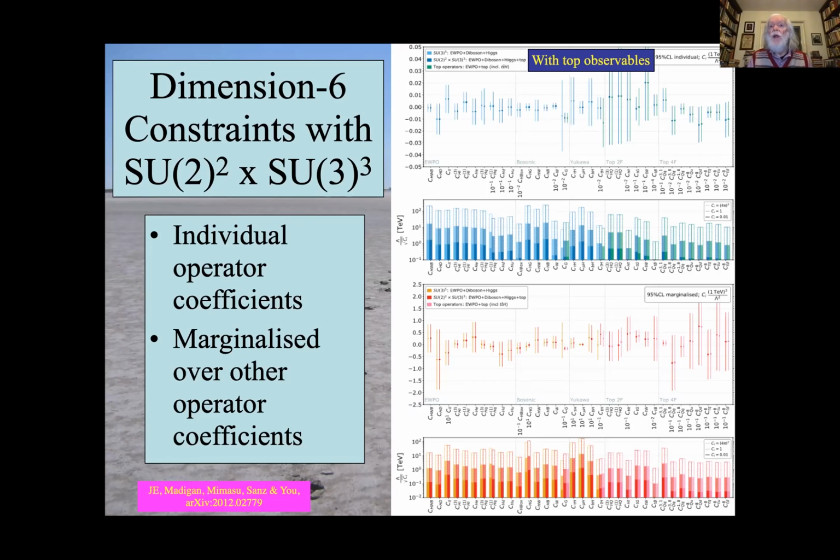If you take the marginalized fit, it's somewhat weaker, and of course stronger if you take the individual fits. So, depending on your assumptions, the constraints on these operator coefficients can vary between several hundred GeV and more than 10 TeV.